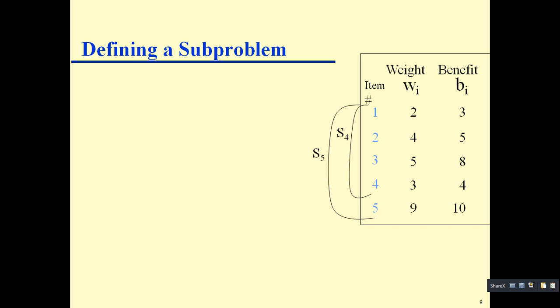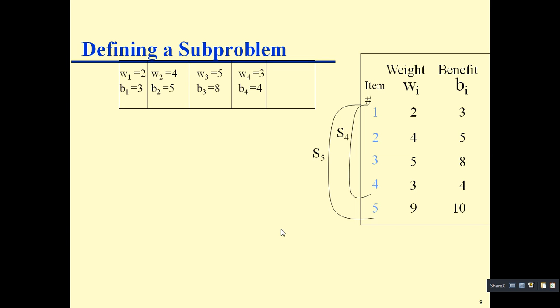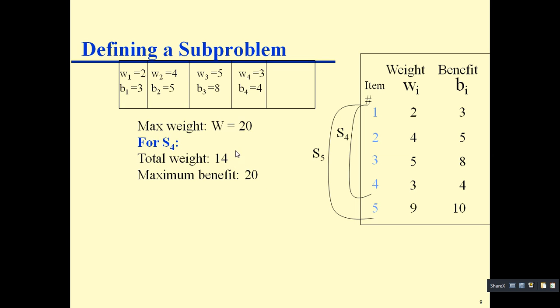So let me take a simple example. Let's say there are 5 items in the store: item 1, item 2, item 3, item 4, item 5, having weights 2, 4, 5, 3, 9, and these are the costs of the items. And it is given that the capacity of the knapsack is 20. Means at a time the thief can bring 20 kg of items from the store, right?